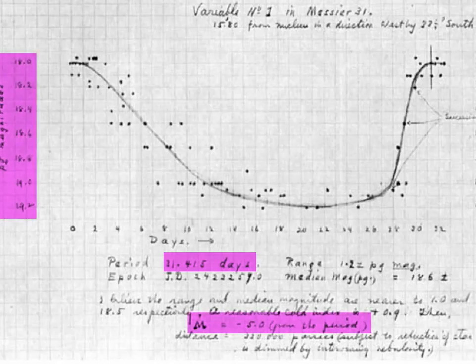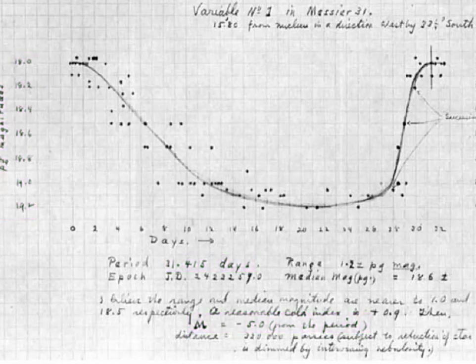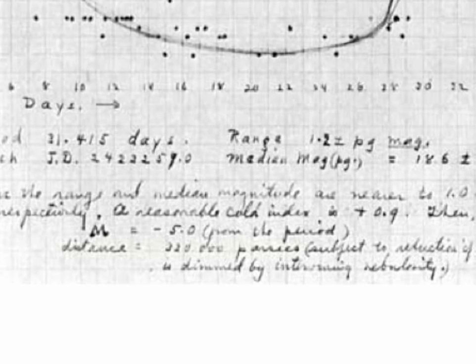He had its apparent magnitude. This PG magnitude means photographic magnitude. That's what they called apparent magnitudes then. So he had an apparent magnitude, he had a luminosity that allowed him to get a distance, and the distance that he got was 220,000 parsecs, which is well outside the size of the Milky Way.